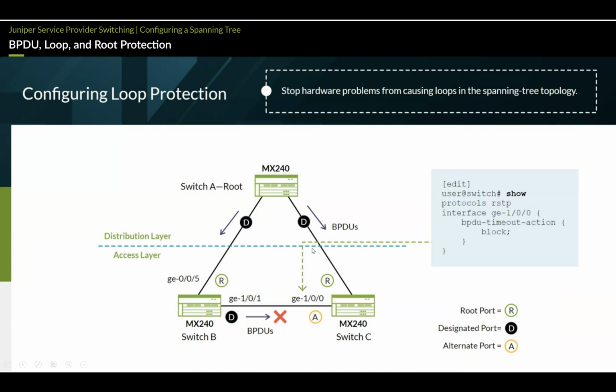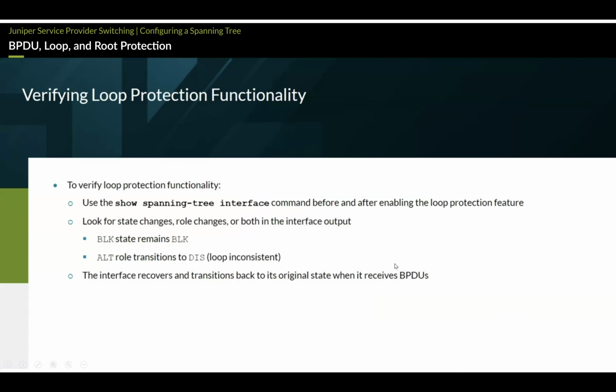If a small interruption happens, due to hardware or interface interruption, in that case you can set the interface BPDU timeout action block. If you configure this one, this interruption will be protected.